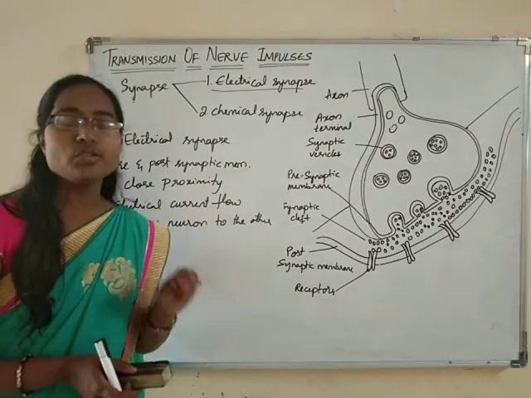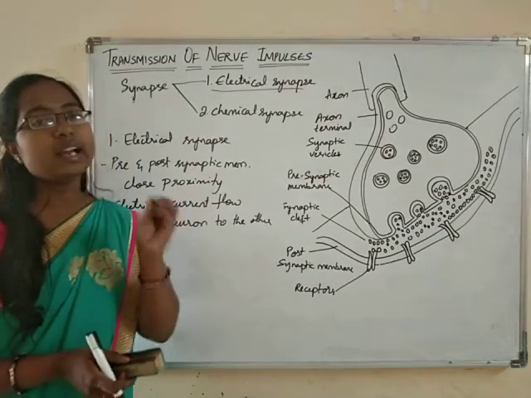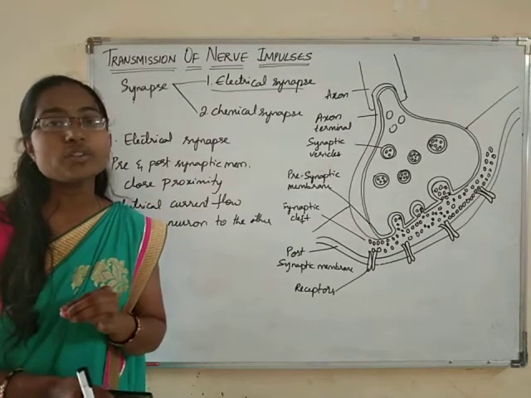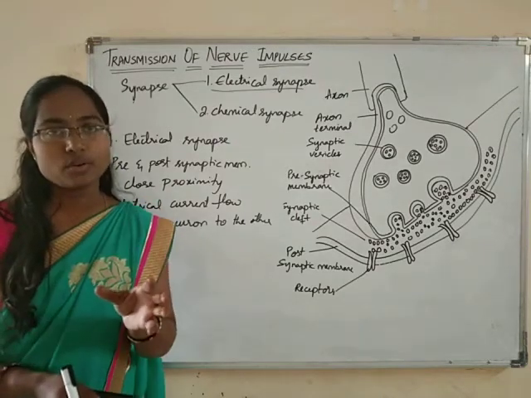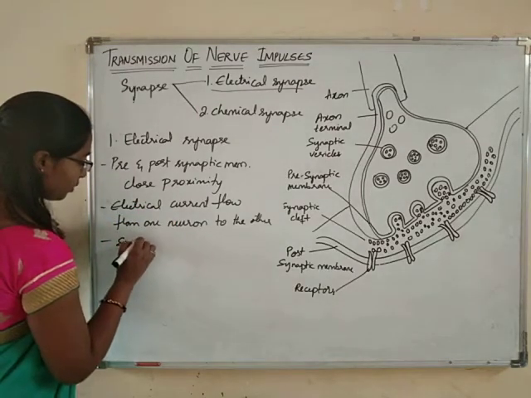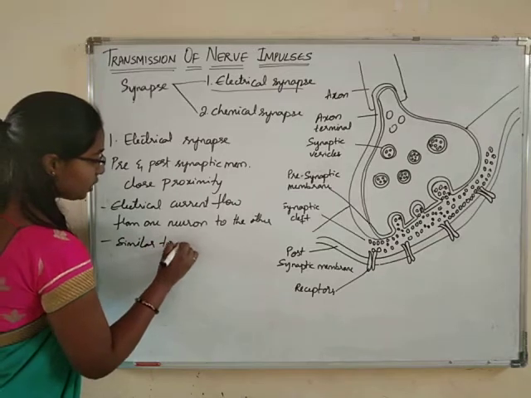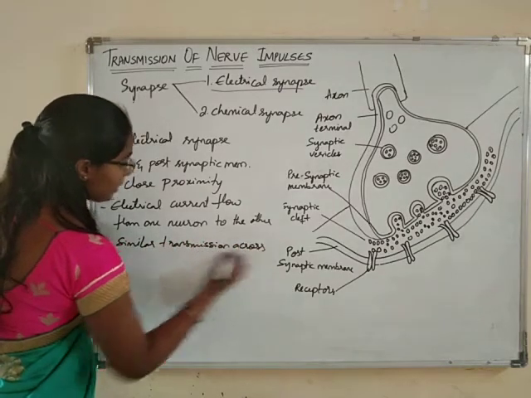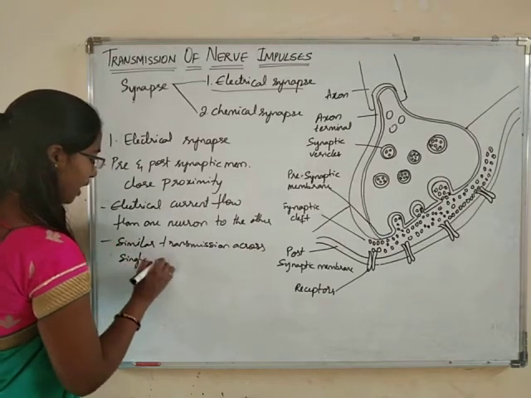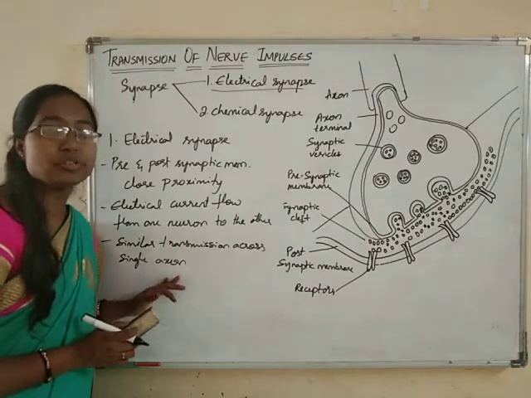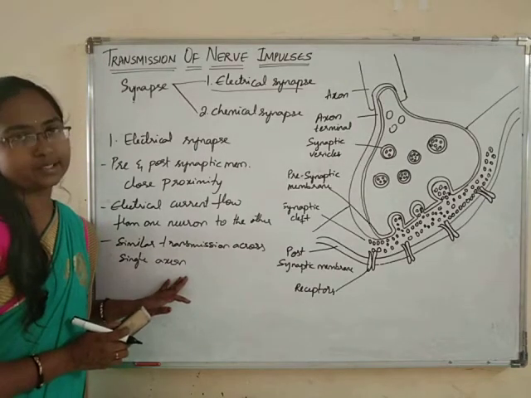So the transmission across the electrical synapse is very similar to the transmission across the single axon.